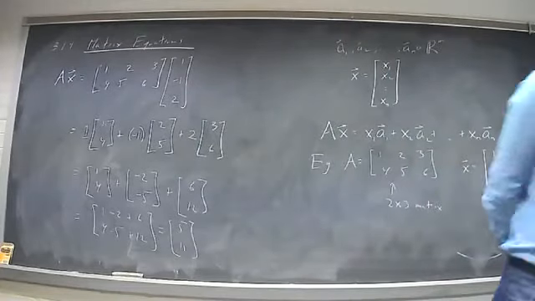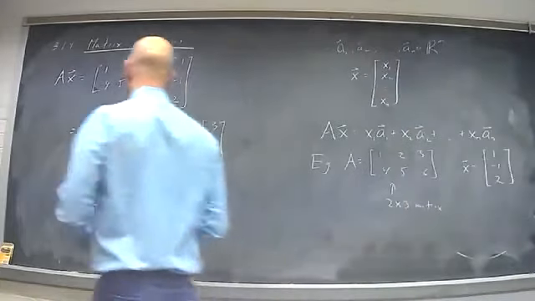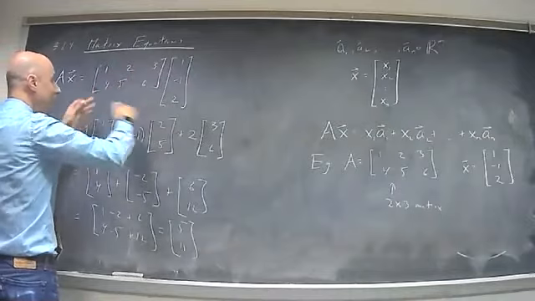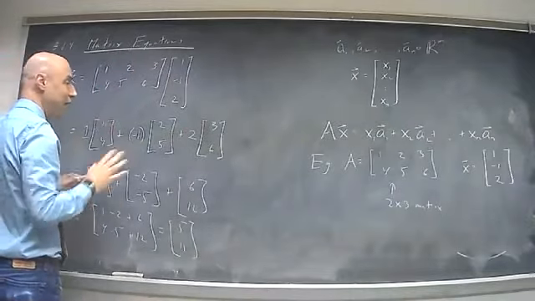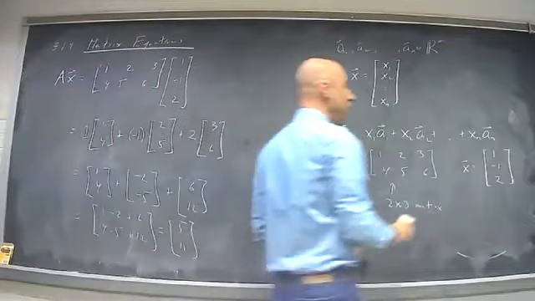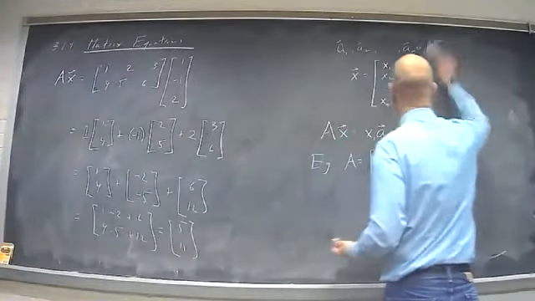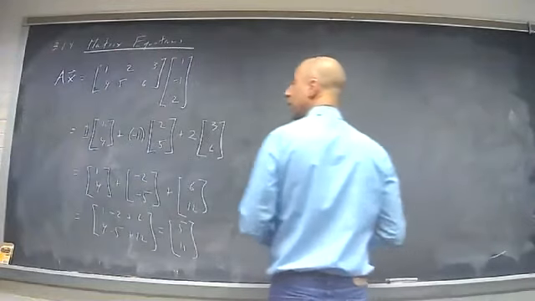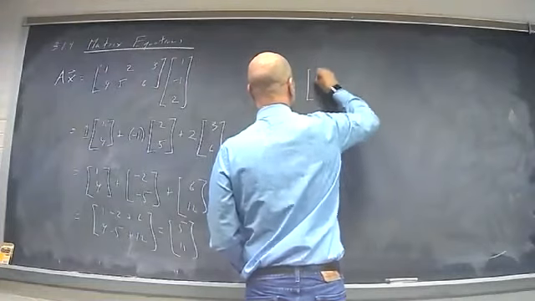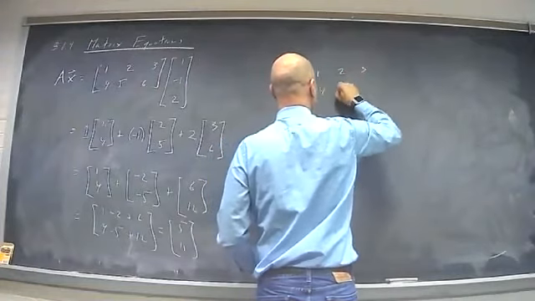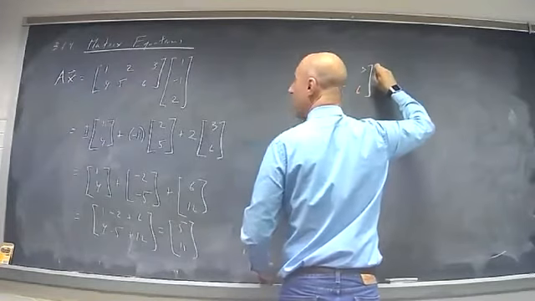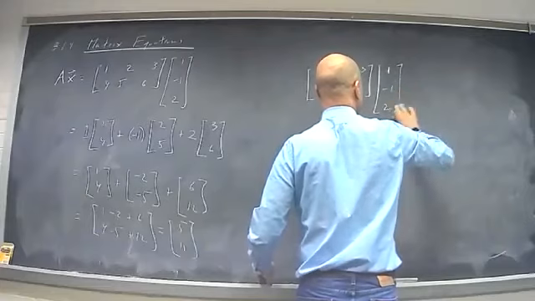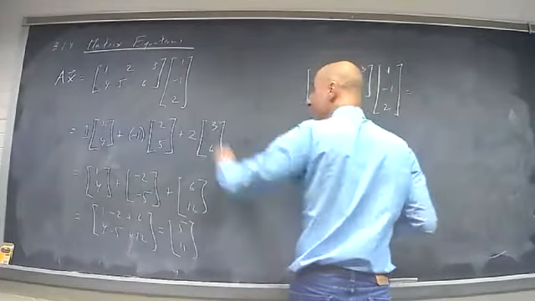All good? Okay. Now, if I'm actually asked to do this multiplication, I don't write this out. This is not how I do this. Let me show you how I multiply a matrix times a vector when I'm actually doing it. So 1, 2, 3, 4, 5, 6 times 1, negative 1, 2. So this is really what you're doing.